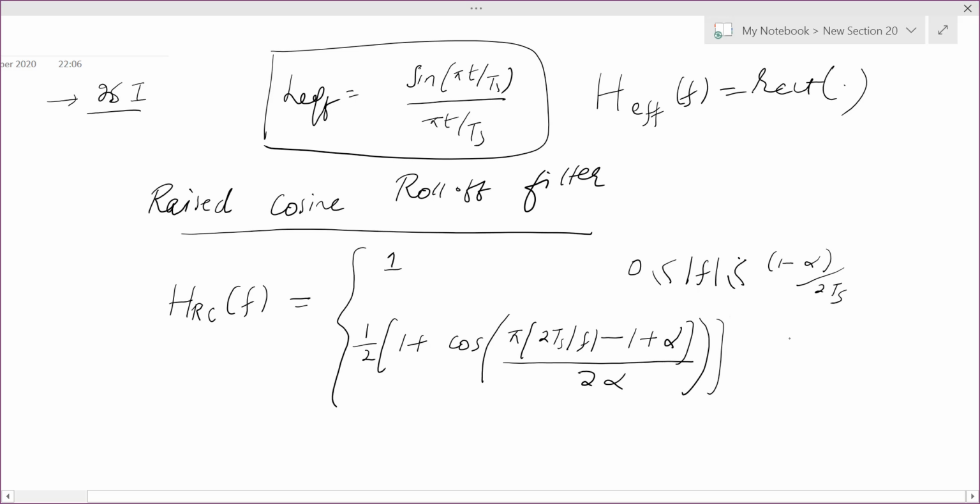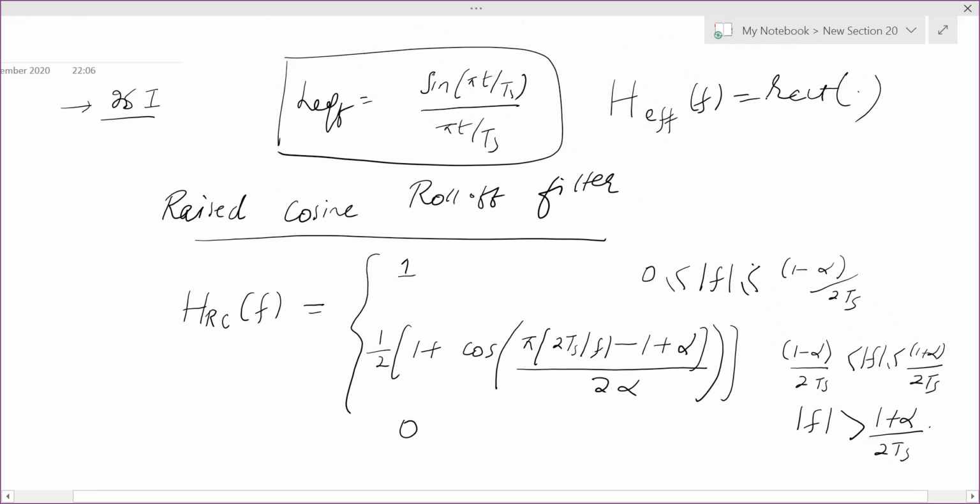The pi is common throughout. This is for the range of frequencies (1 minus alpha) divided by 2Ts less than mod of f less than or equal to (1 plus alpha) divided by 2Ts, and it is 0 for mod f greater than (1 plus alpha) divided by 2Ts.